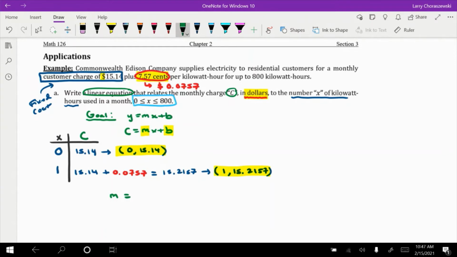Now to find this line slope, I would use the formula y2 minus y1 all over x2 minus x1. The first point I'll allow to be x1, y1. The second point I'll allow to be x2, y2. And if you plug these into the formula, we'll get our slope.